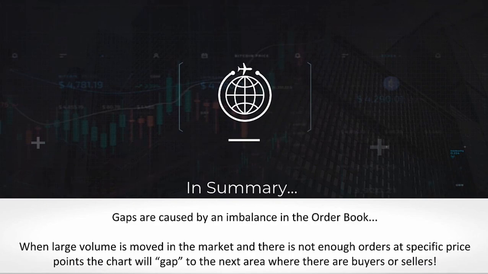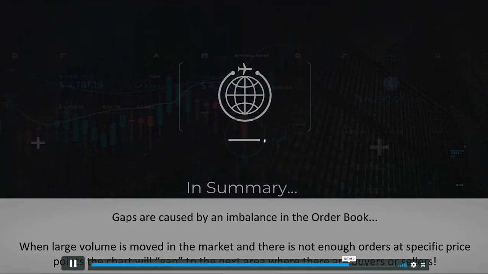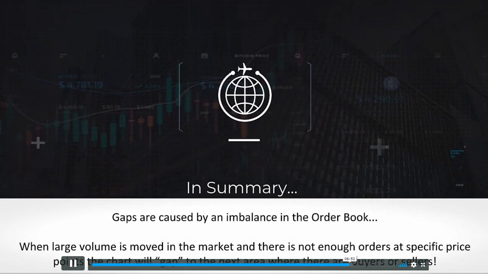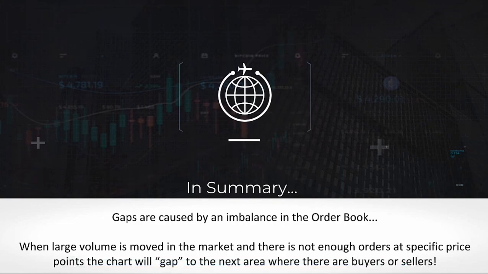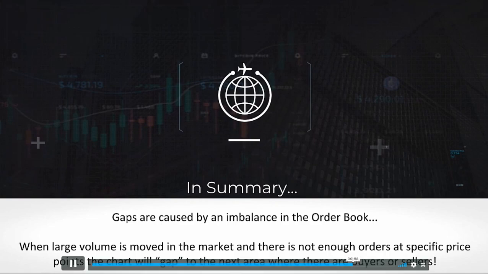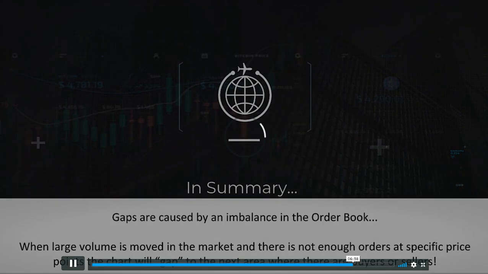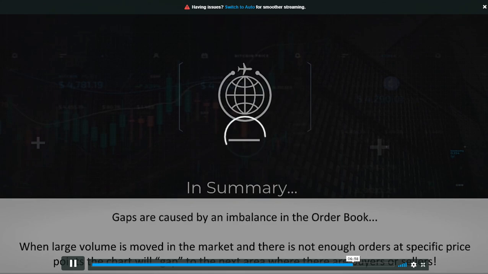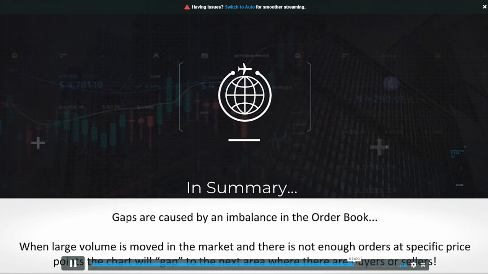When large volume is moved into the market and there is not enough orders at the specific price point, the chart will gap to the next area where there are buyers or sellers.